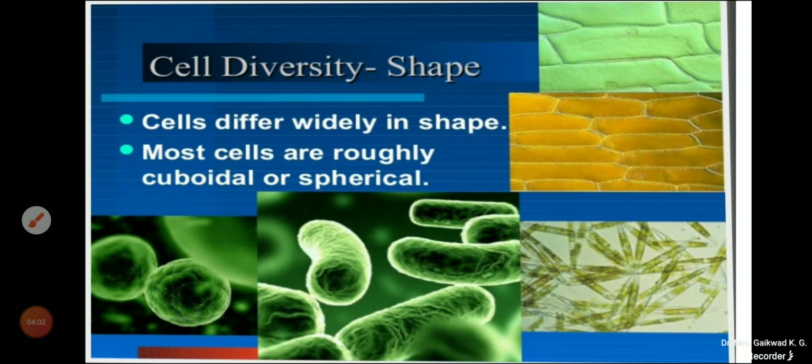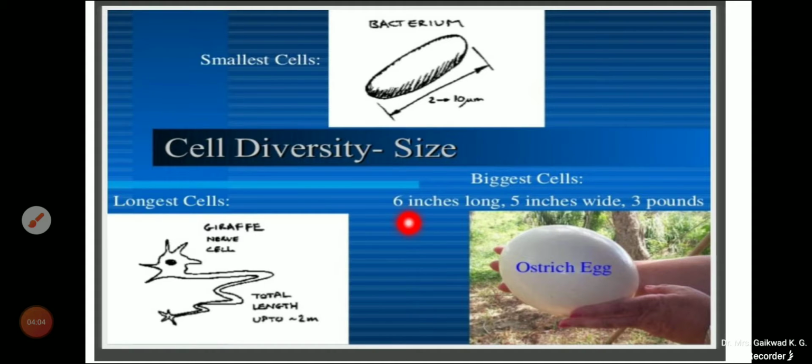Next is the diversity according to cell size. Cell size varies greatly in various plants and animals. Some are not visible by the naked eye, some are barely visible, while some are macroscopic, meaning they are seen very clearly by the naked eye. The smallest cell is seen in Mycoplasma, a bacterium, and its size is about 0.3 μm in length.